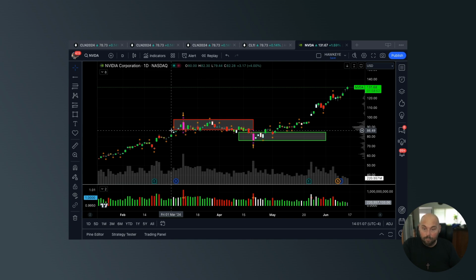It may be very difficult for buyers to overcome this area, right? Inversely, when we get sellers to push below and get zero follow through, there's a really good chance that that area, that new wide bar, may provide you support.